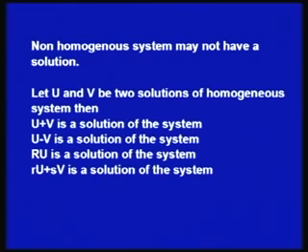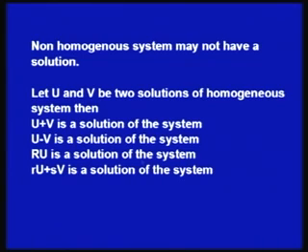It may be inconsistent. Now, we have some results which say that if u and v are two solutions of a homogeneous system, then u plus v is a solution of the system. If u and v are solutions of the system, then u minus v is also a solution of the homogeneous system.